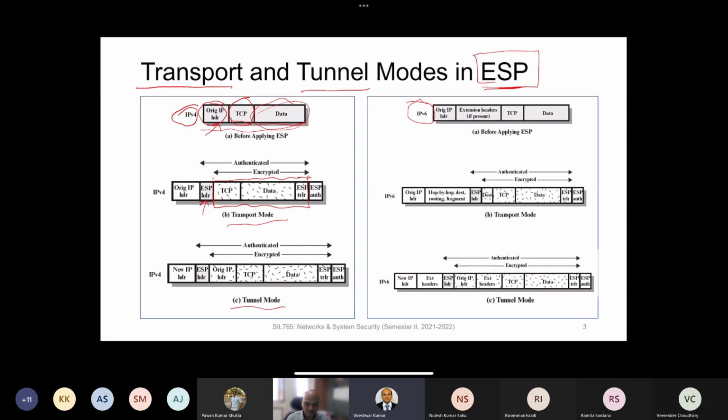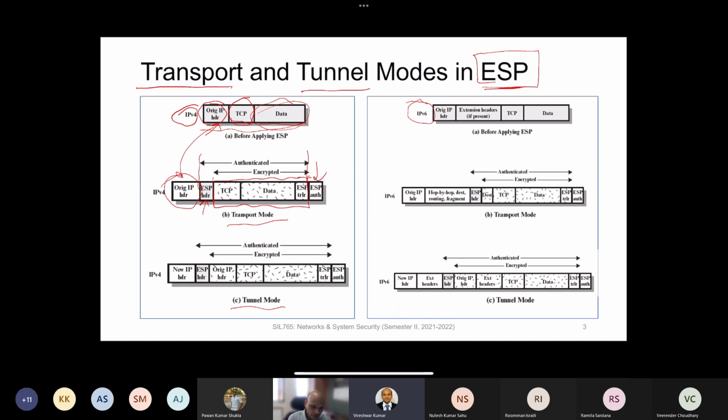This header will contain information about whether you are using authentication or not, or some other information about the ESP mode. Then you authenticate the ciphertext along with the ESP header, and the authentication tag is concatenated with that packet. And then at the end, you add the original IP header back.